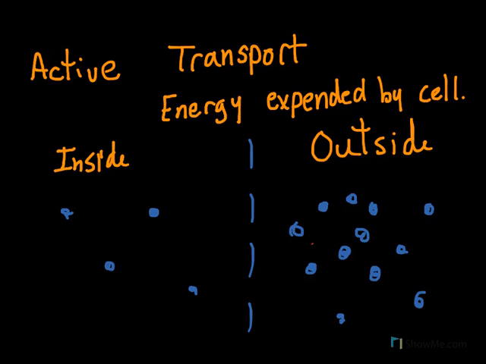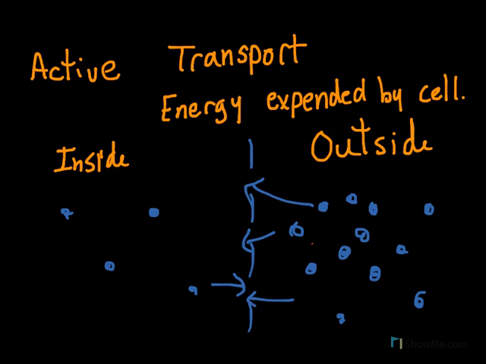So active transport is the opposite. Now notice we have a hypotonic solution here. More water is outside the cell than inside the cell. So water is going to have a tendency to enter that cell in more numbers. So what's going to happen is that the cell is going to fill up with water.